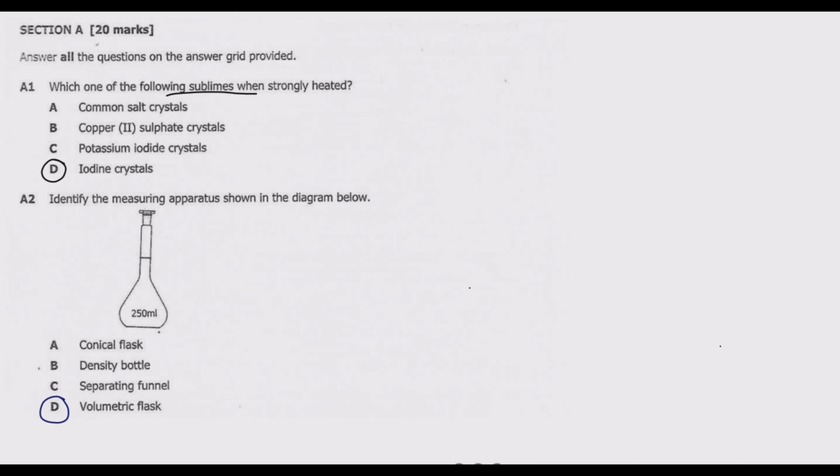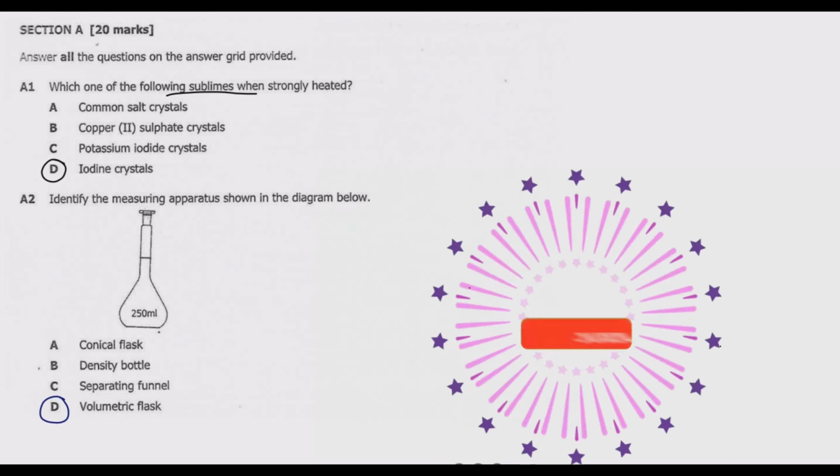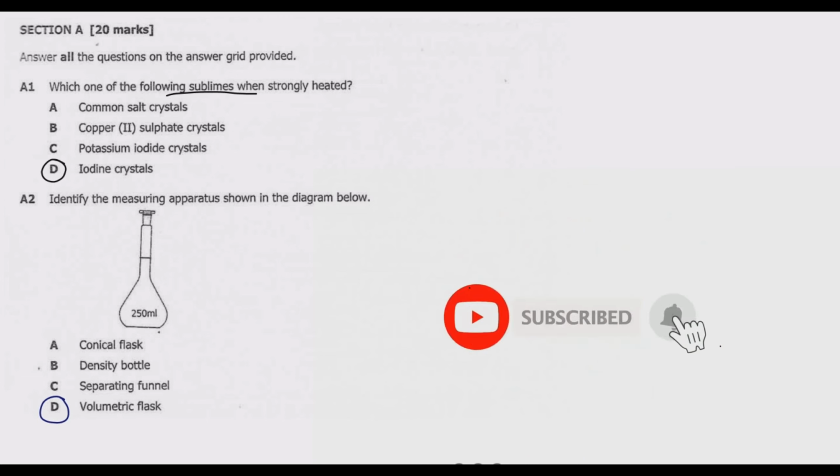Then you also need to know the measuring cylinder, which is also used to measure the volume of liquid with a degree of accuracy. This one is 1 cubic centimeter. So for anything in whole numbers, this would be one of the best apparatus.